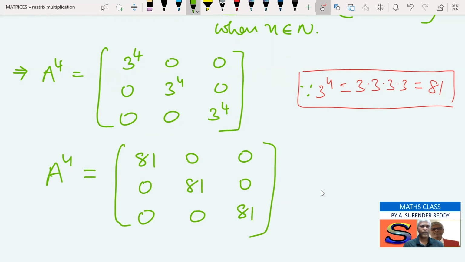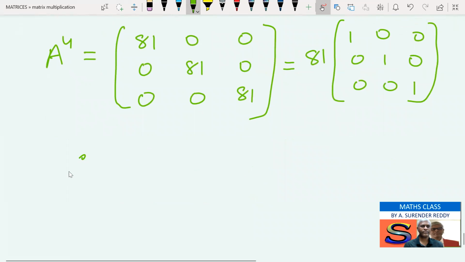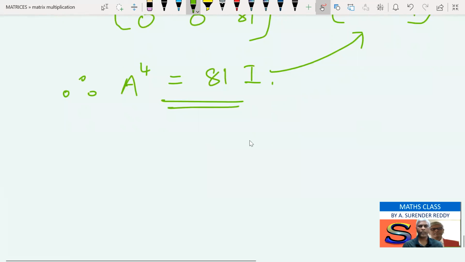You can take 81 common, and write it as 81I, where I is the identity matrix. Simple problem.